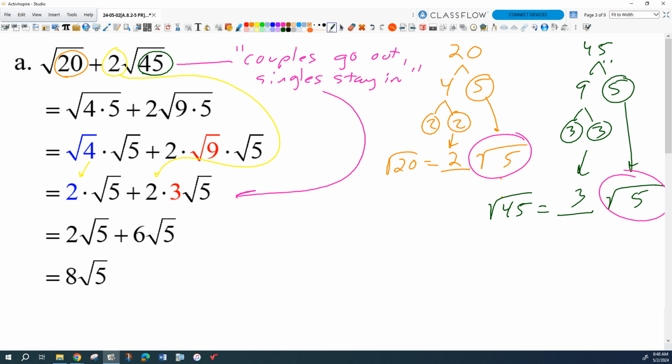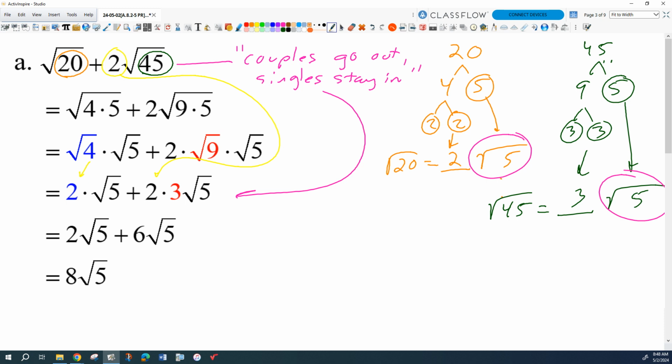So for 45, there'd be no reason to consider 36 because 36 isn't going to divide into 45, right? Only numbers that are half of the inside number or smaller could ever divide into it. Half of 45 is 22 and a half, so I would just immediately start my list at 16, because 25 is too big, and work down from there and see if any of those divide in evenly.